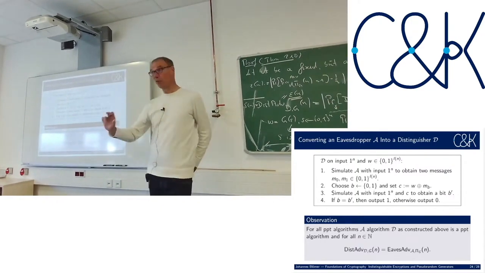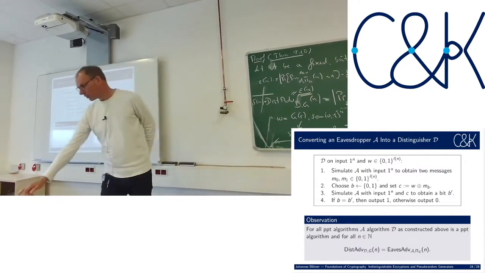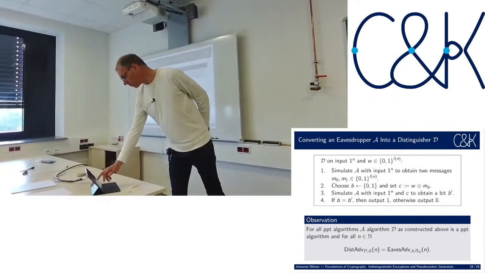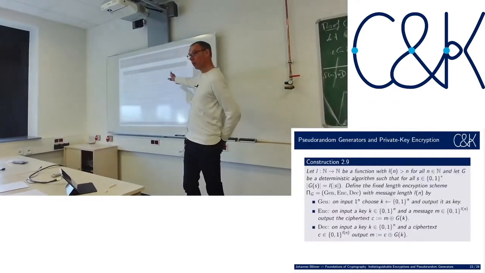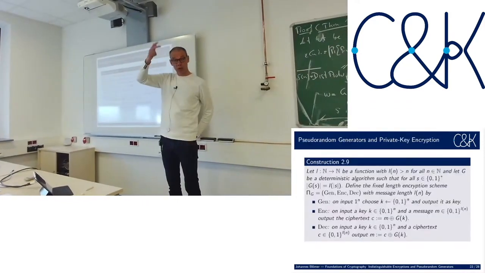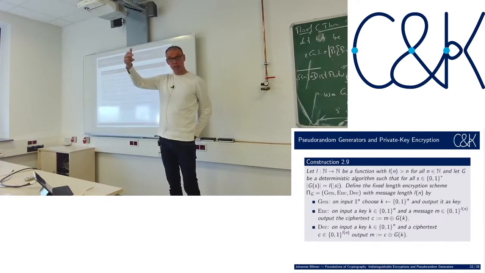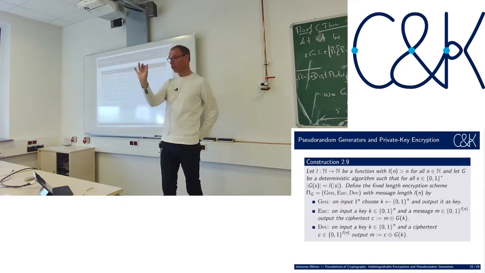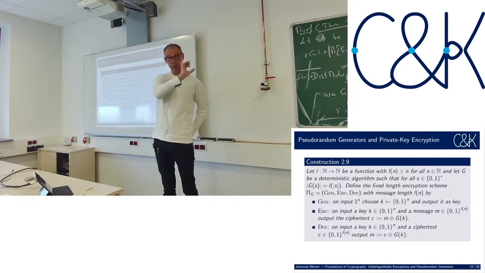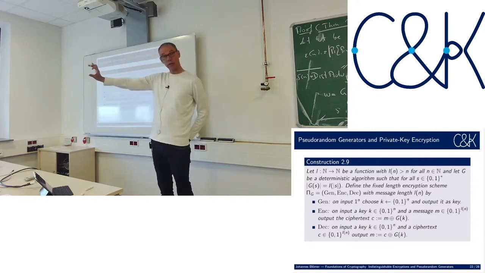Of course, you can use this scheme by encrypting longer and longer messages, but then you have to use longer and longer keys, which, as I said, is one of the disadvantages of the one-time pad. We don't want that. We want one fixed key length that determines the security, and then we should be able to encrypt arbitrarily long messages.